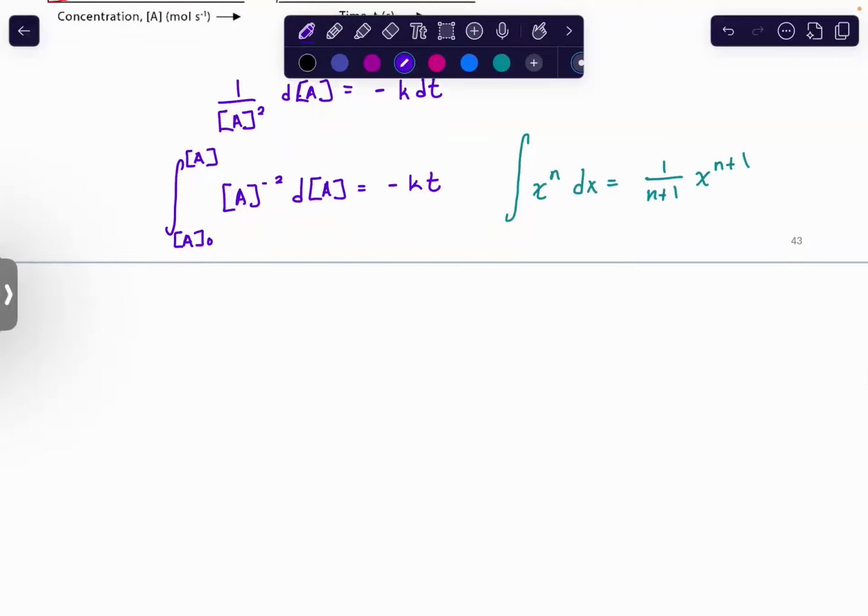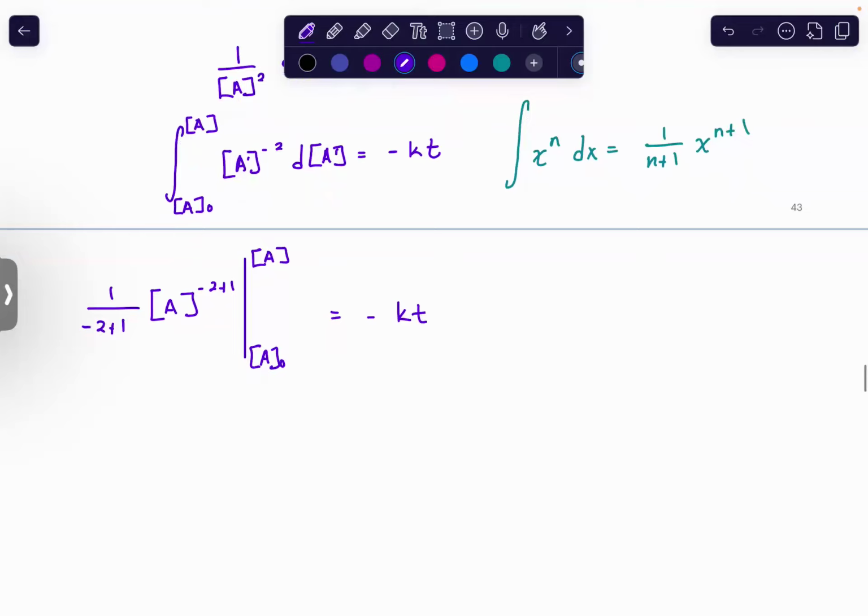All right, so if our n is -2, this integral, so 1 over -2 plus 1, so now we have a -2 plus 1. All right, so this is going to be negative.